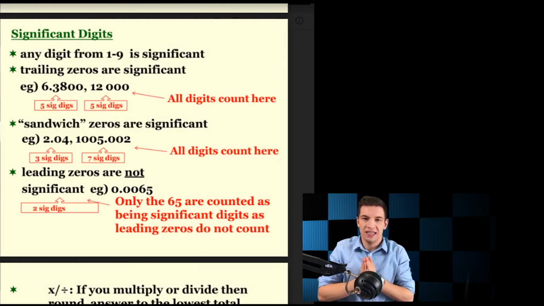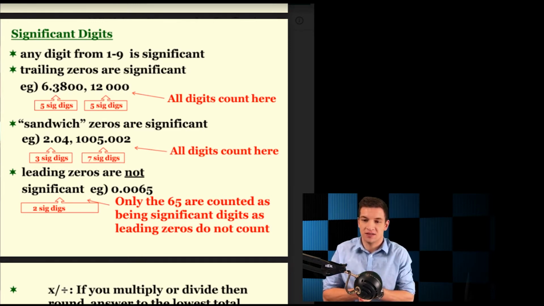All right, another rule here is about the sandwich zeros. So think about a sandwich. The zeros are the meat, okay? So any zero that's between two numbers is considered significant. So in these two examples, 2.04, the 0 is significant as well as the 2 and the 4 because those are all digits between 1 and 9 or they're a sandwich 0. So 2.04 has 3 significant figures.